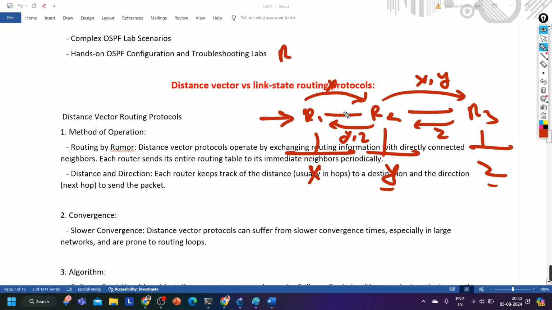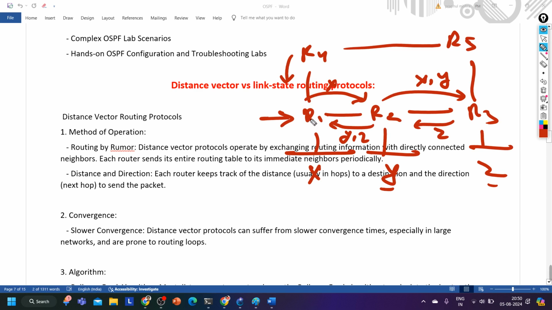But suppose there is one alternate path available: R4, R5. R1 is connected with R4 also, and R3 also. In this scenario, router 4 will also advertise Z and Y networks to router 1. But router 1 will not accept it because it is receiving the best path from router 2 with a lower metric.